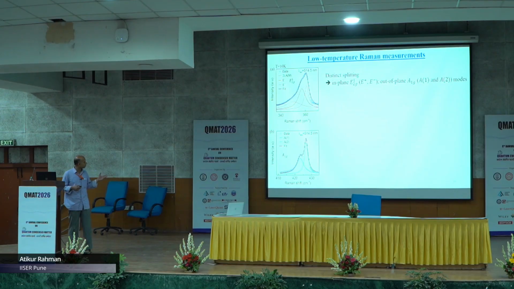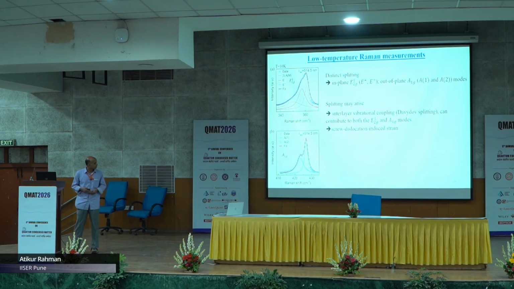It can split both the A and E2g peaks. The other possibility is strain. If you apply strain, then strain can also split these peaks. Now, the A1g mode, which is basically an out-of-plane mode, is a bit insensitive to in-plane anisotropic strain, so the effect should be less on that.